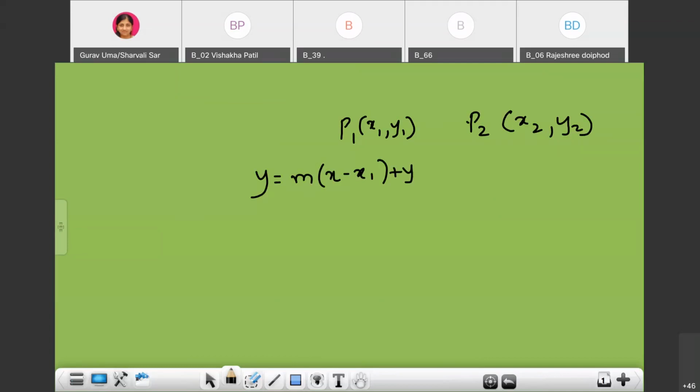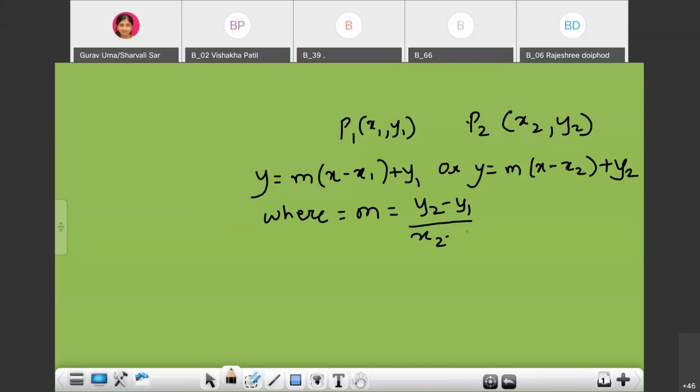This is one equation. Or you can use y is equal to m times (x minus x2) plus y2. These are the equations of line, where m is the slope of the line. m is equal to (y2 minus y1) divided by (x2 minus x1).